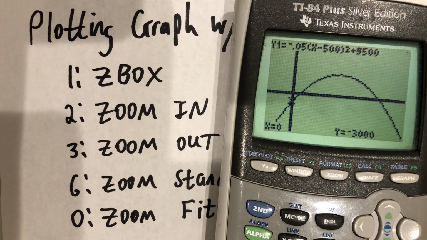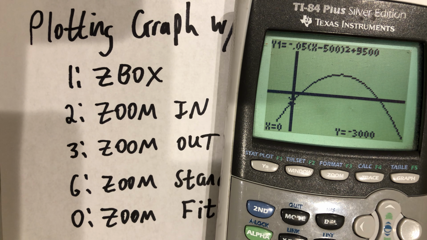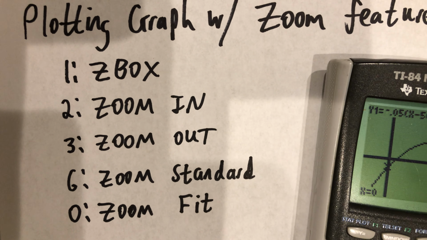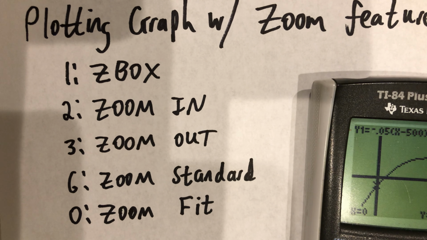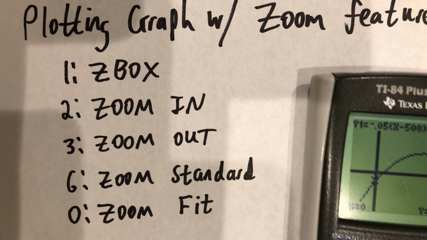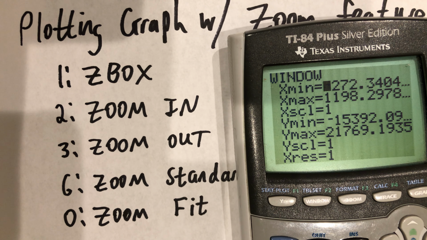So I just want to wrap up by saying, or summarize by saying, these zoom features are so powerful. In my time tutoring at SALT, I never ever touched the window. And if I mess with the window, I would only do it if the problem specifically asks to use a certain window or to identify a window.